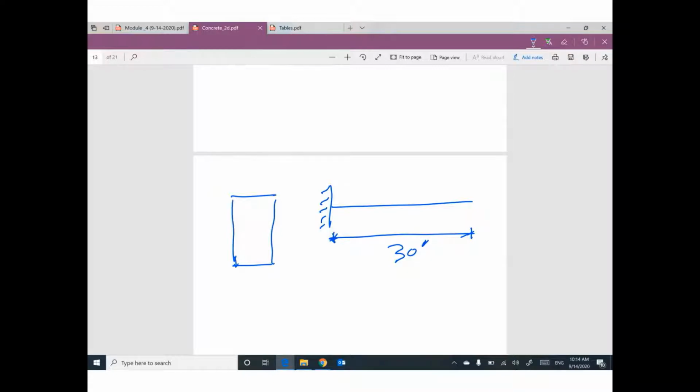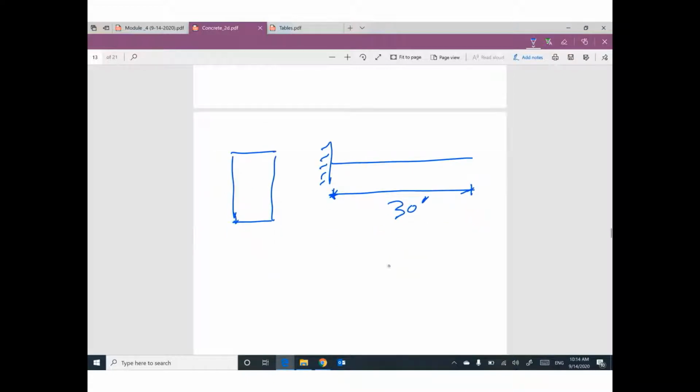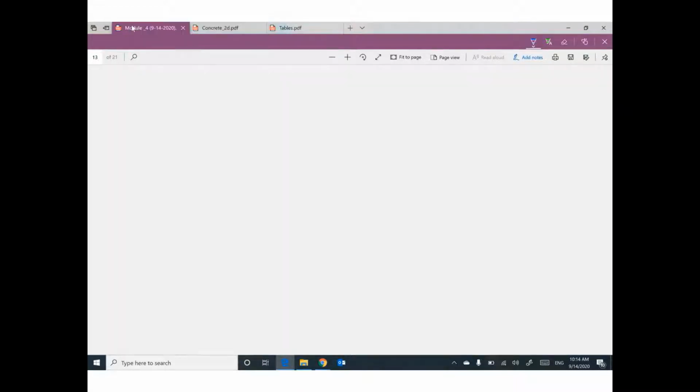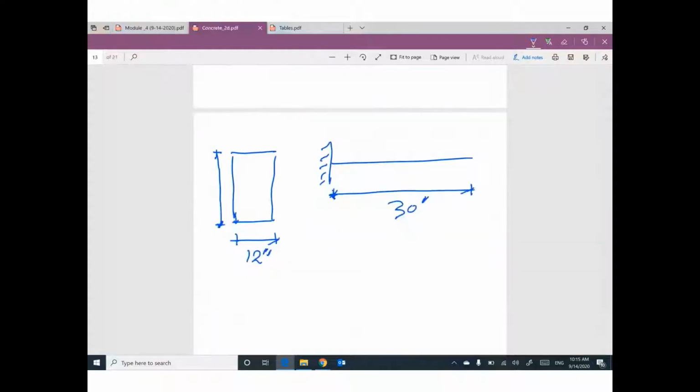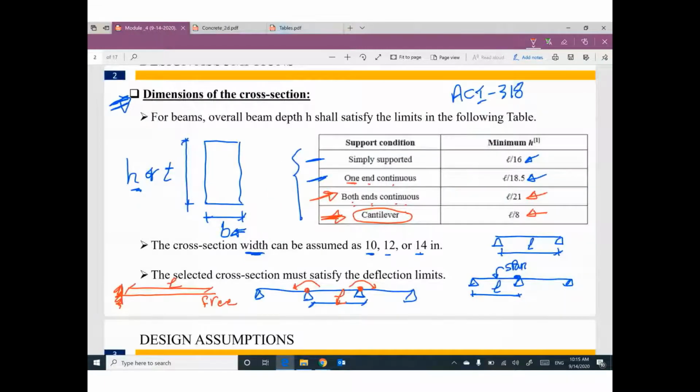So I'm gonna assume this width 12. Okay, that's fine. What about the overall depth? Do you have a limit? We should. Your limit for a cantilever, because this beam is a cantilever, it's only fixed from one side and free from the other side. So span divide 8.